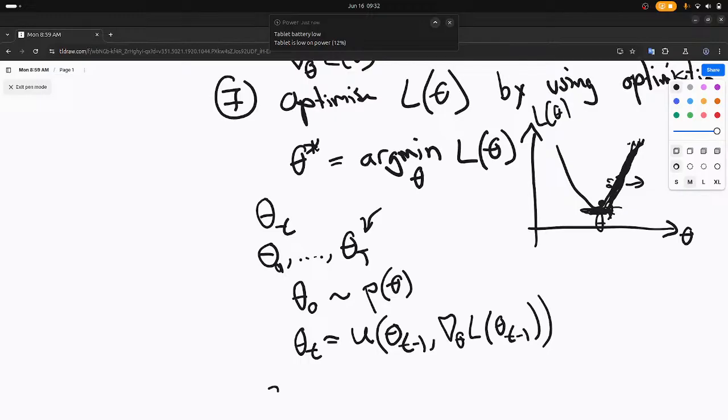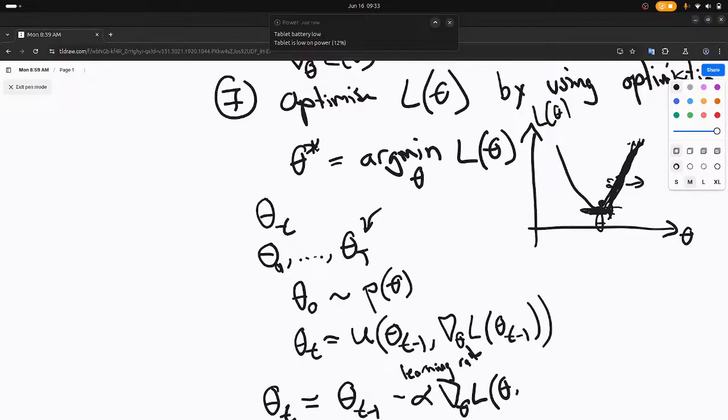The most simple one is to say that we use our current one and then we go in the negative direction of the gradient using some little small step size. It's called the learning rate. And then we multiply by the gradient with respect to the parameters of this thing. Gradient descent.